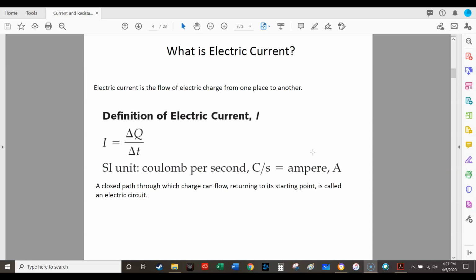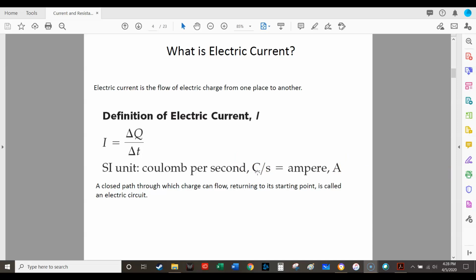What is electric current? Well, simply stated, it's the change in charge over a period of time. So if you were standing there, you would be looking at the difference in charge flying past your eyes and count over a period of time. And so the unit of electric current is amperes, which is a capital A, and it is coulombs per second.